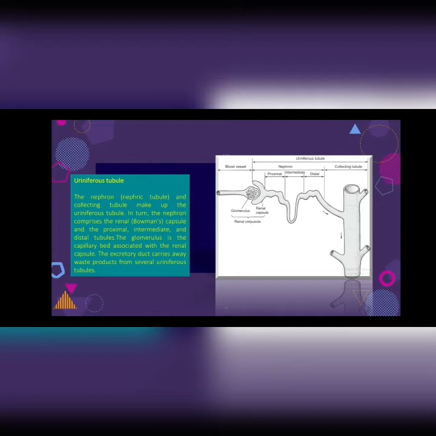The excretory duct carries away waste products from several uriniferous tubules. In this section, we examined the kidney using the mammalian kidney to introduce the terminology that describes the anatomical complexity of this organ.